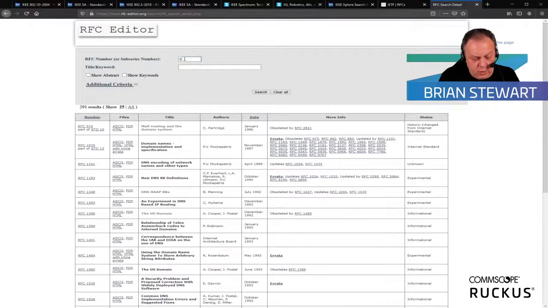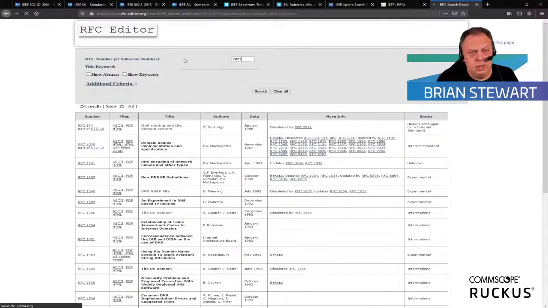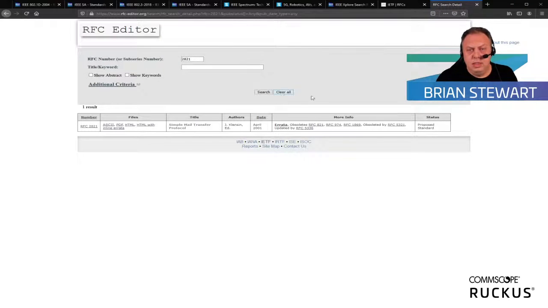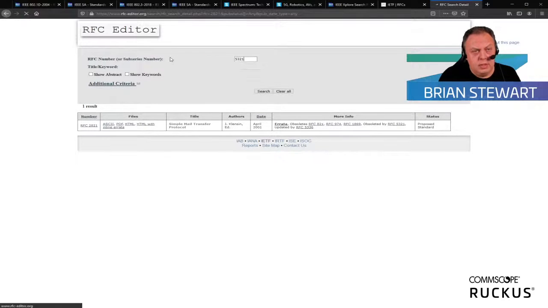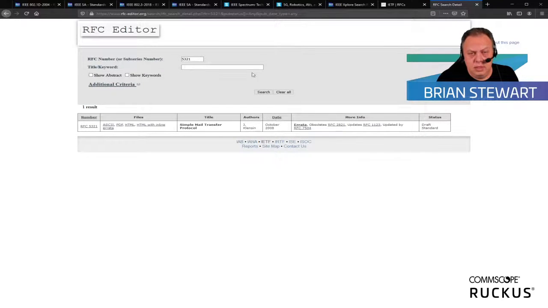And if I do 2821, here I see that this was obsoleted by RFC 5321. So now I could do 5321. So this one is the current standard. I can see there are updates to it, but it's not been obsoleted.